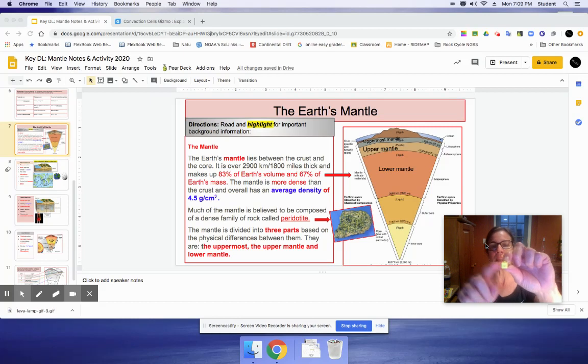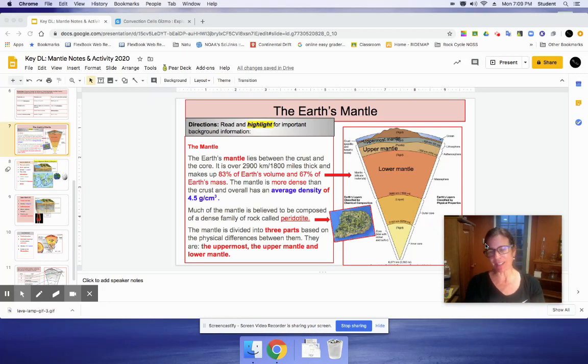That right there is a cube that measures 1 centimeter on each side. That is 1 cubic centimeter. So something that has a density of 4.5 grams per cubic centimeter, I want you to envision 4.5 grams of matter in this 1 cubic centimeter. And that's how dense the mantle is on average.